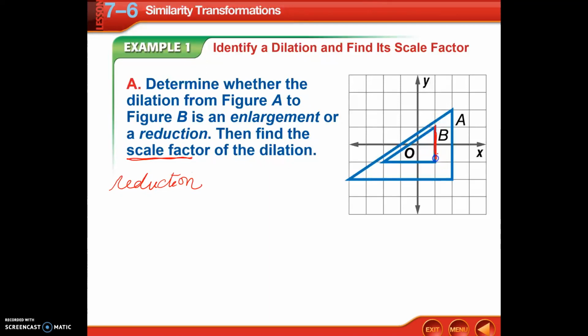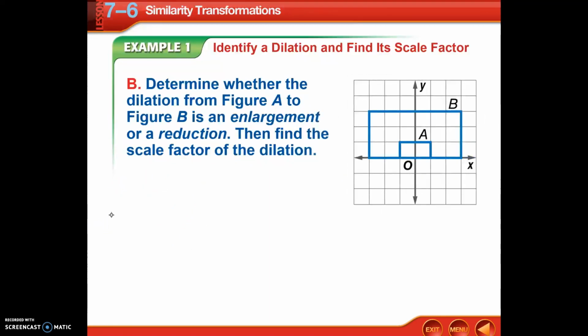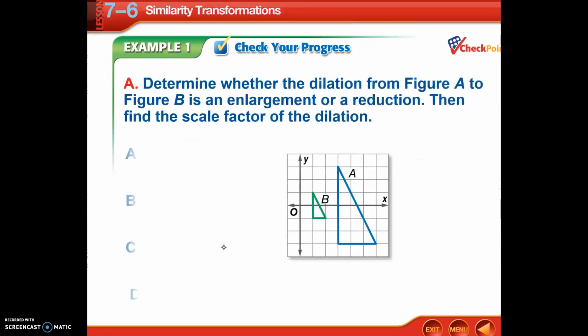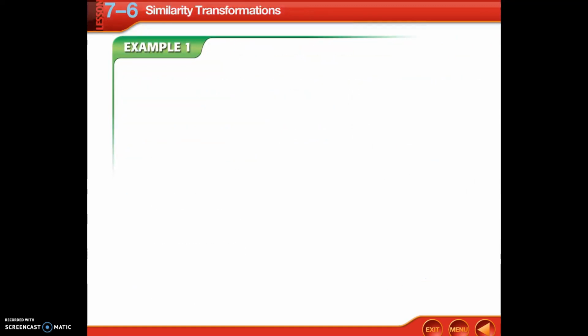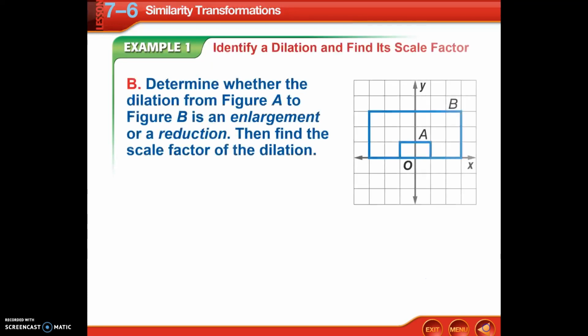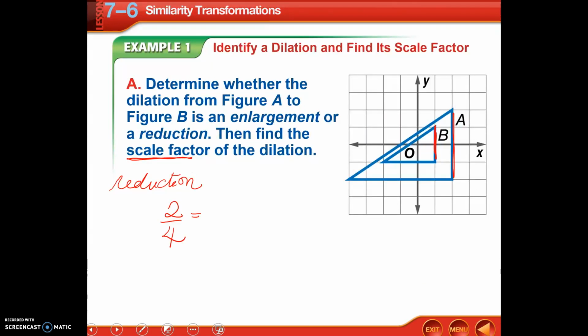So I'm going to use this one. So the new is 2, and the corresponding length to that here would be this one, which would be 4. So my scale factor would equal 2 over 4, and we do want to reduce that, or 1/2.